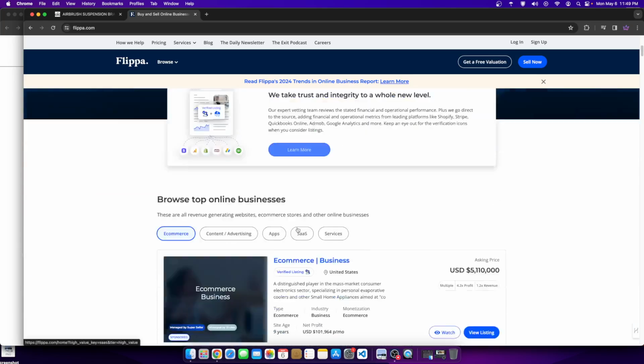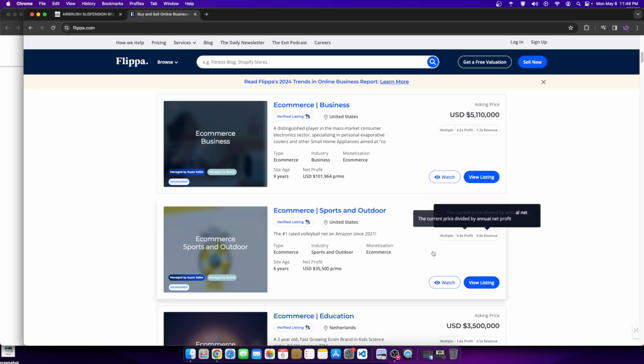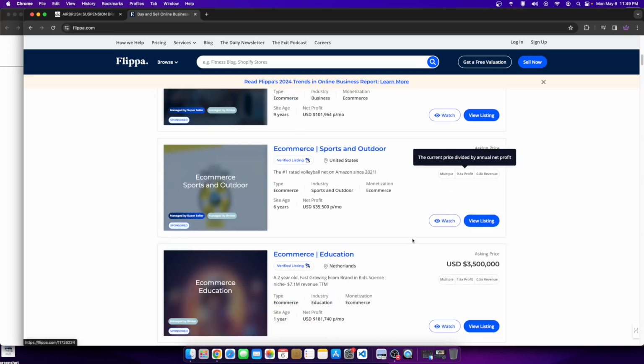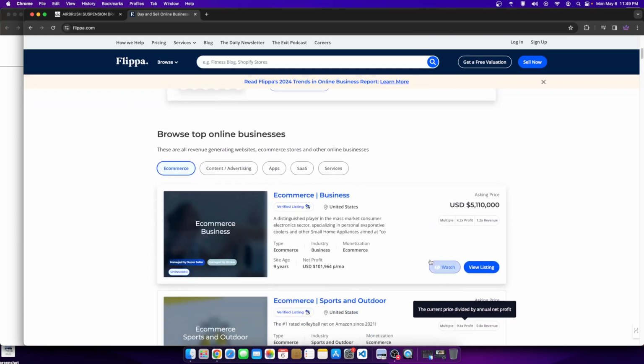There are businesses on Flippa worth 5, 10, 20 million. I don't know about 20 million, but I definitely know 5 million, because we literally just saw it. But Flippa is not really the place unless you're going to sell for about 40K or more.